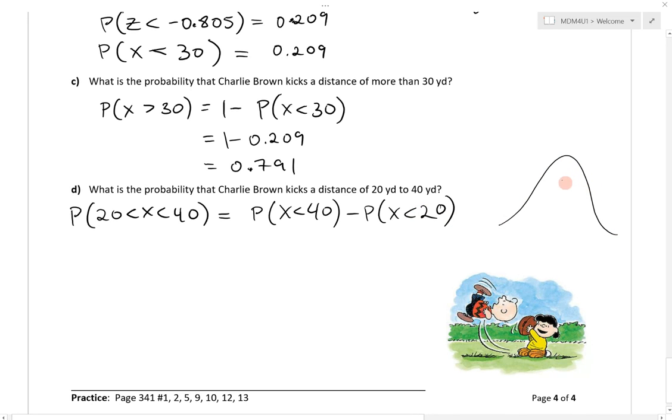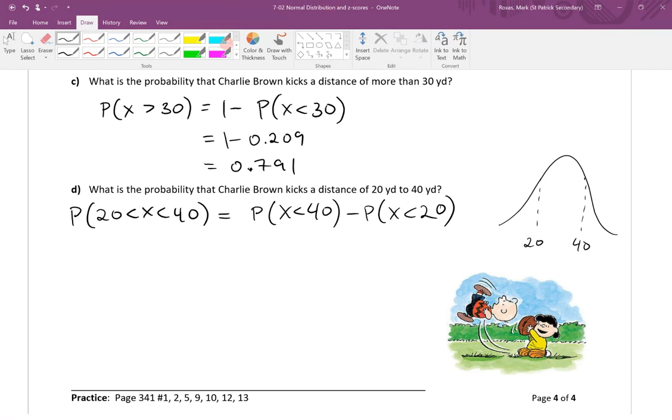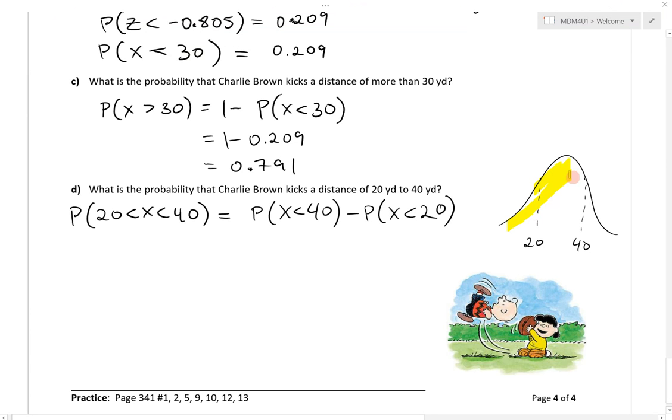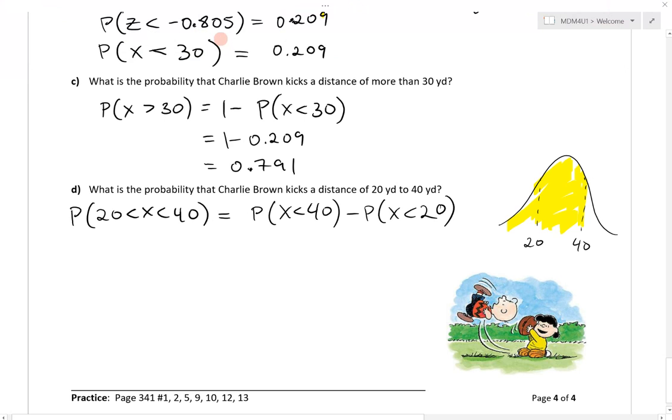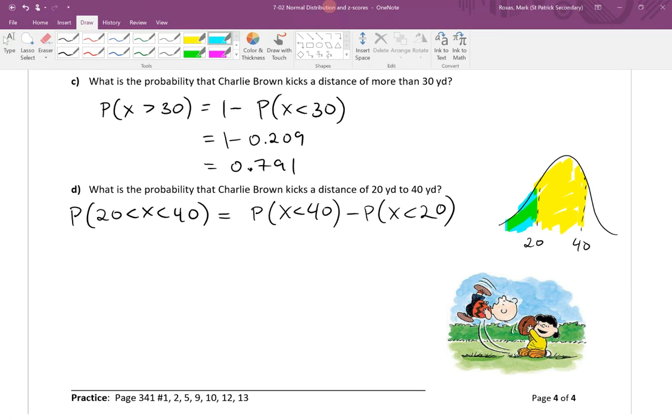If x was 40 over here and 20 over here, then the z-score table would give us, for 40, all of this area. But we don't want all of this area, we just want the area between 20 and 40. So if I calculate the area for 20, the z-score table will tell me this portion right here. When I subtract where the two meet, I have the middle portion between 20 and 40. So that's what's happening here.